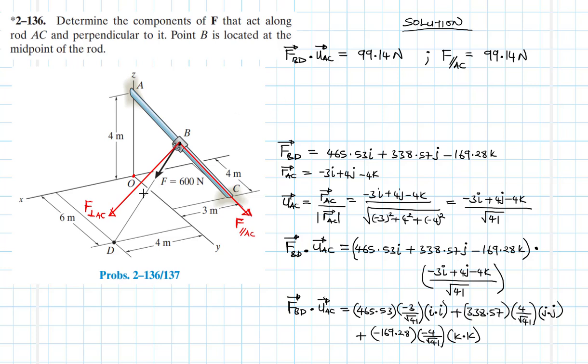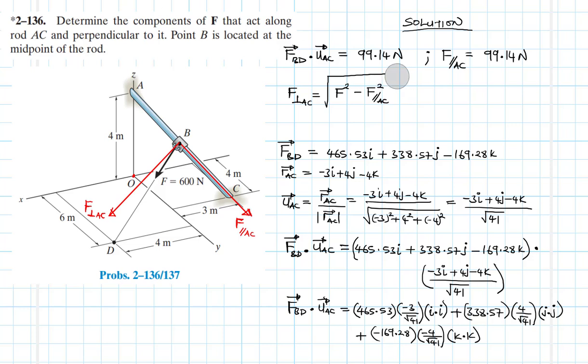So finding the perpendicular component, we'll just use the Pythagoras, which is: the perpendicular component, perpendicular to AC, is going to be equal to the square root of F itself, or FBD, squared minus F parallel to AC squared.